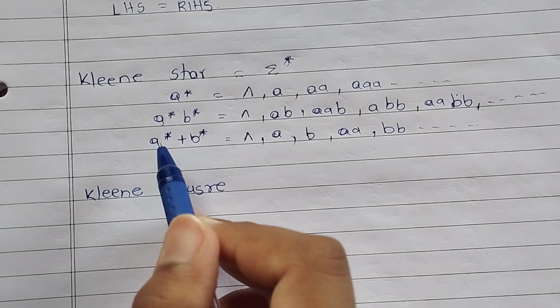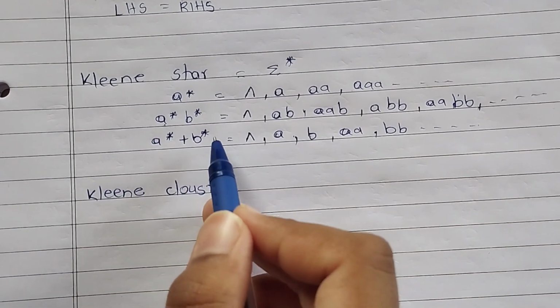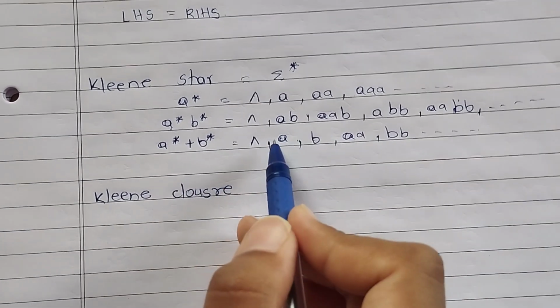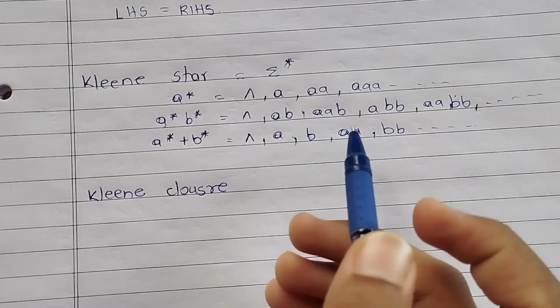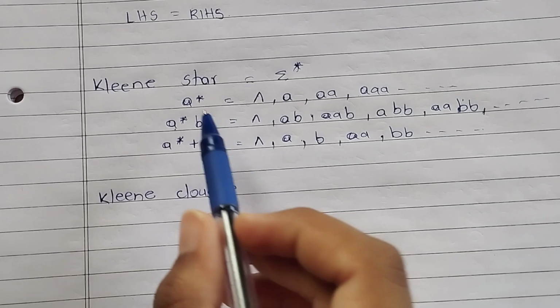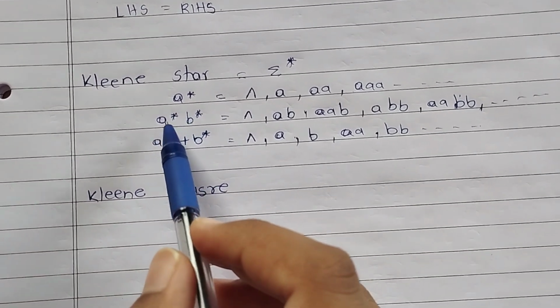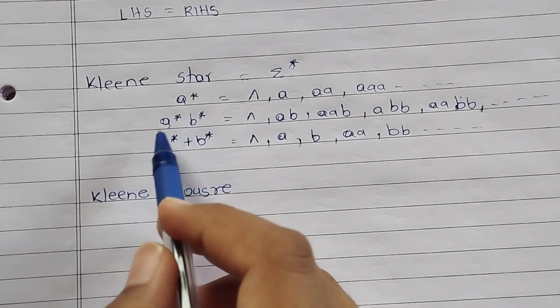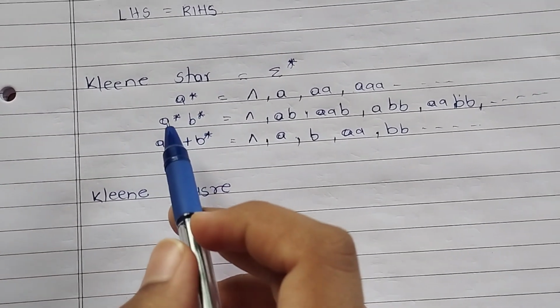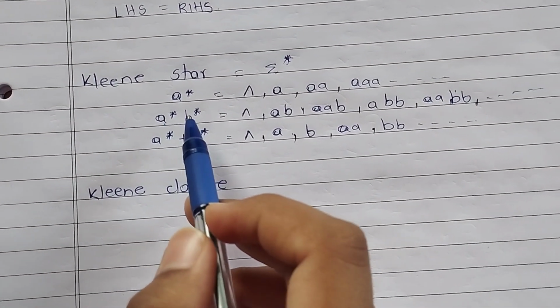First if we take A, then only A. If we take B, then only B. Separated by comma, and we write the strings, whichever combination you want to write. And this means both are needed: A star also, B star. So here we write A also, because let's suppose A is present and B is null.